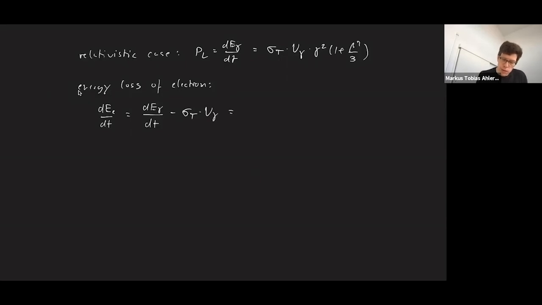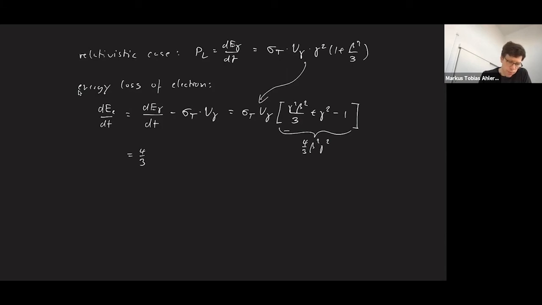Using this expression, we arrive at sigma T U gamma times a combination that goes like gamma squared beta squared over 3 plus gamma squared minus 1. And this can be combined to 4/3 beta squared gamma squared. So the total energy loss of the electron is simply given as 4/3 beta squared gamma squared, the Thomson cross-section, and the energy density of the background radiation.